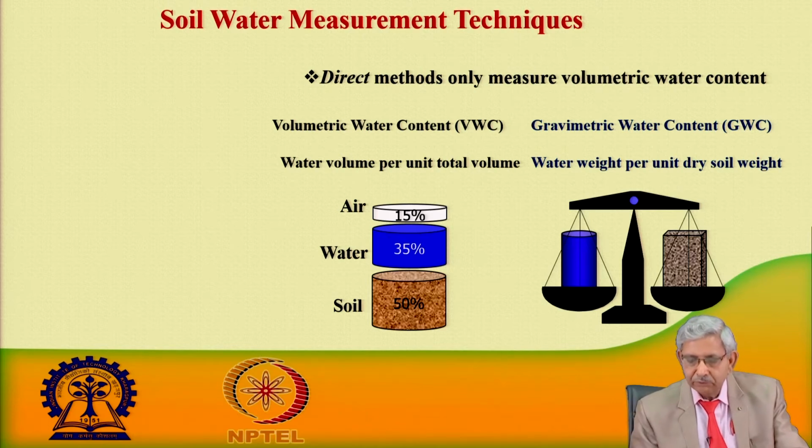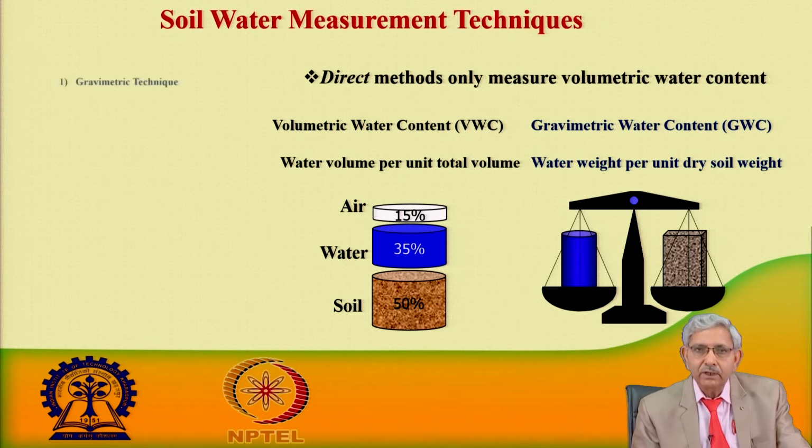Gravimetric means we express it in terms of weight, the amount of water available per unit dry weight of the soil.